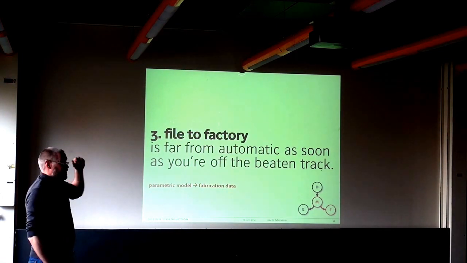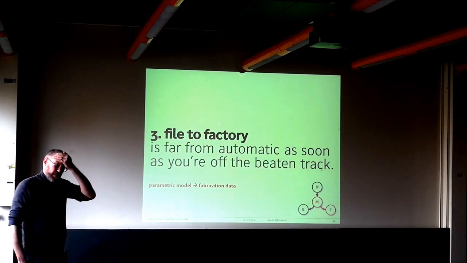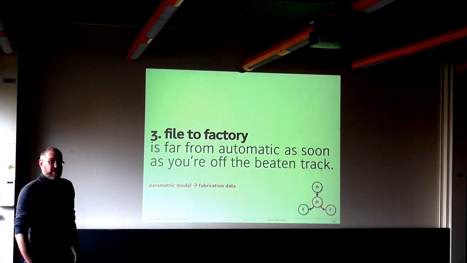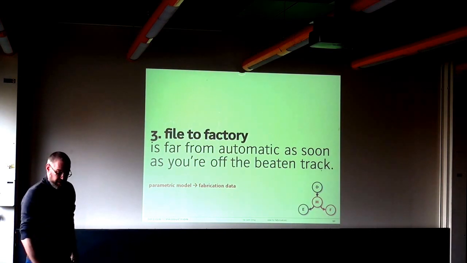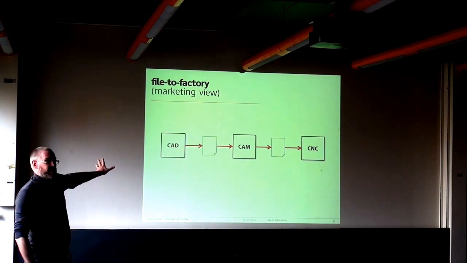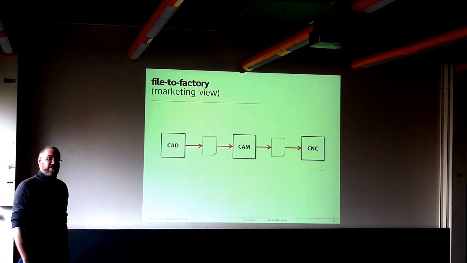And the last bit is file to factory. It is a nice buzzword that's getting presented to you by everyone who wants to sell a 3D printer, but it's far from automatic as soon as you're off the beaten track. It's working like this if you buy a 3D printer or a laser cutter, more or less.